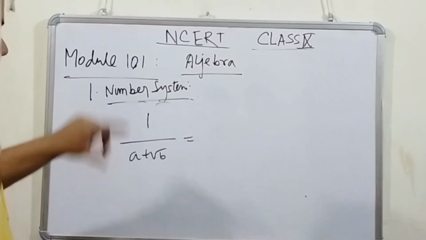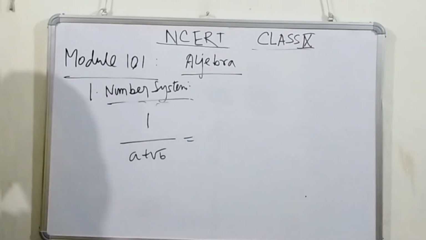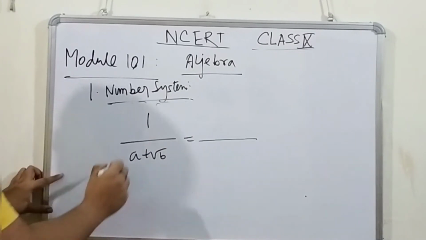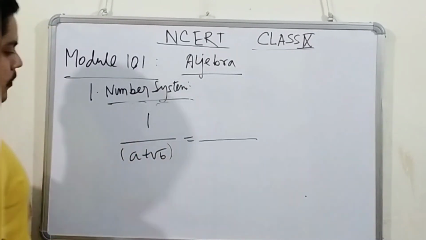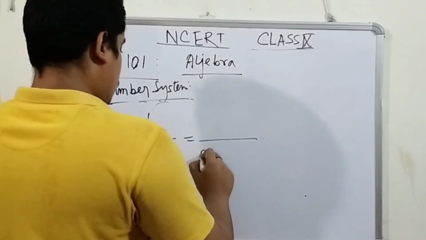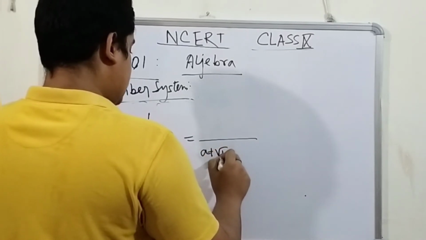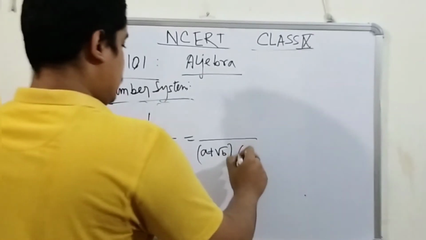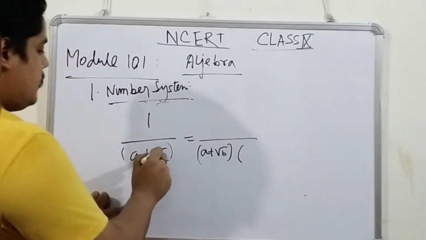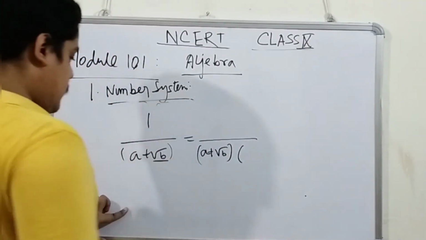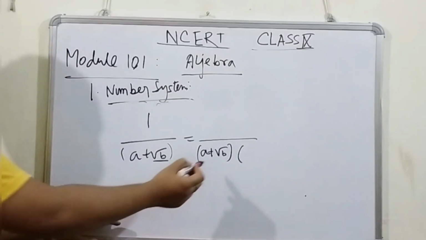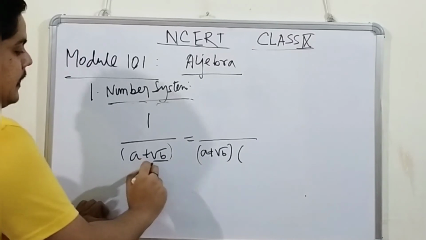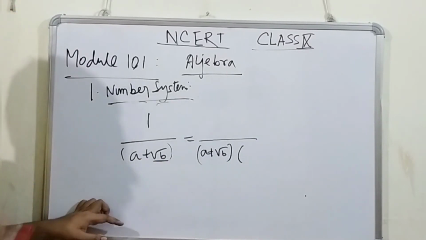Now, simplifying that, we can do something. What do we have to do? We have to keep the one which is at the bottom. First, we will take this. We will multiply by the similar term, keeping that part with an opposite sign. I repeat, we will multiply this with a similar type of term, keeping that part with an opposite sign.